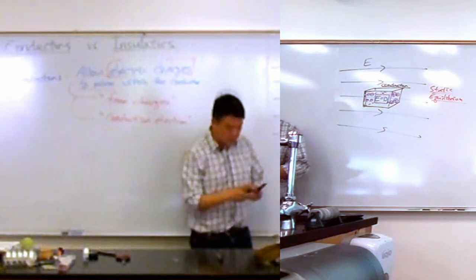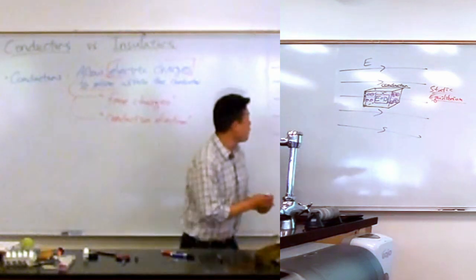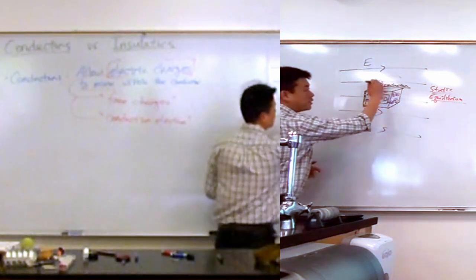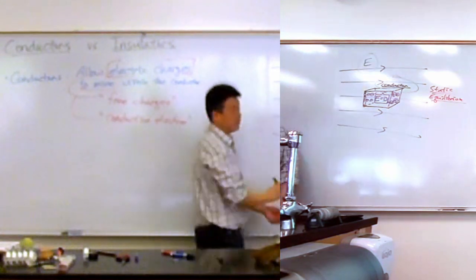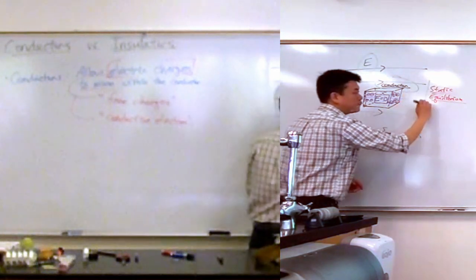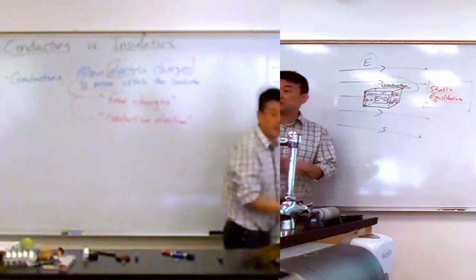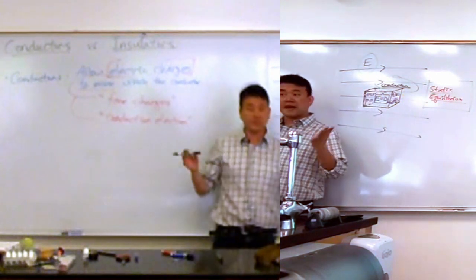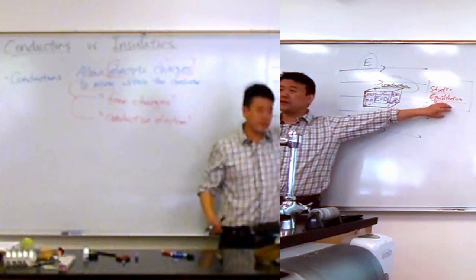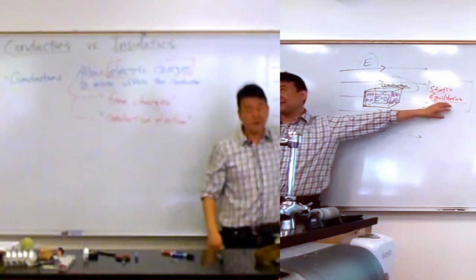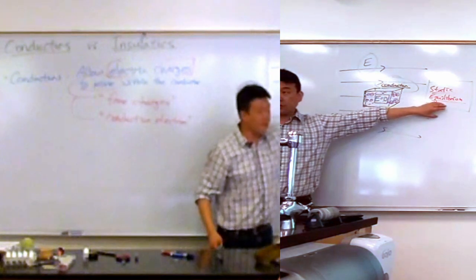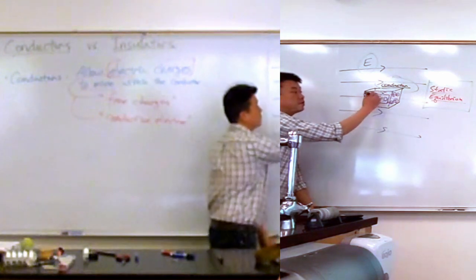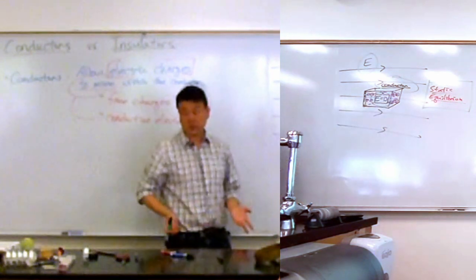So this is the association I want you to make. When you have a conductor placed inside some non-zero electric field, then when you have reached static equilibrium, because we are dealing with electrostatics, we are always going to be dealing with static equilibrium, up until last week before exam 2, you are going to have zero electric field inside the conductor.